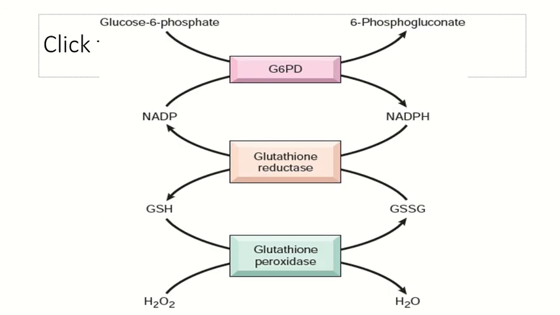This diagram shows that when there is an abnormality in the G6PD enzyme, we do not produce NADPH, which helps us in the destruction of various oxidizing agents, with the help of glutathione reductase.